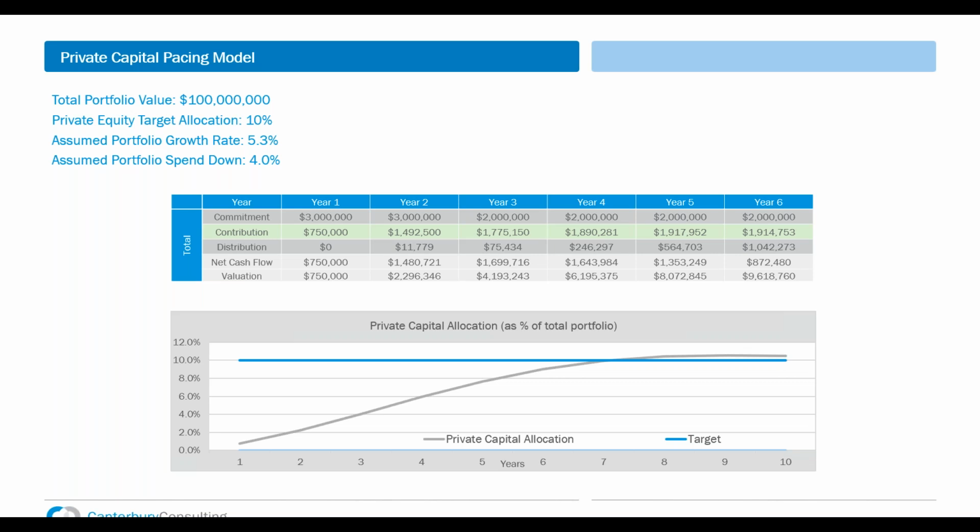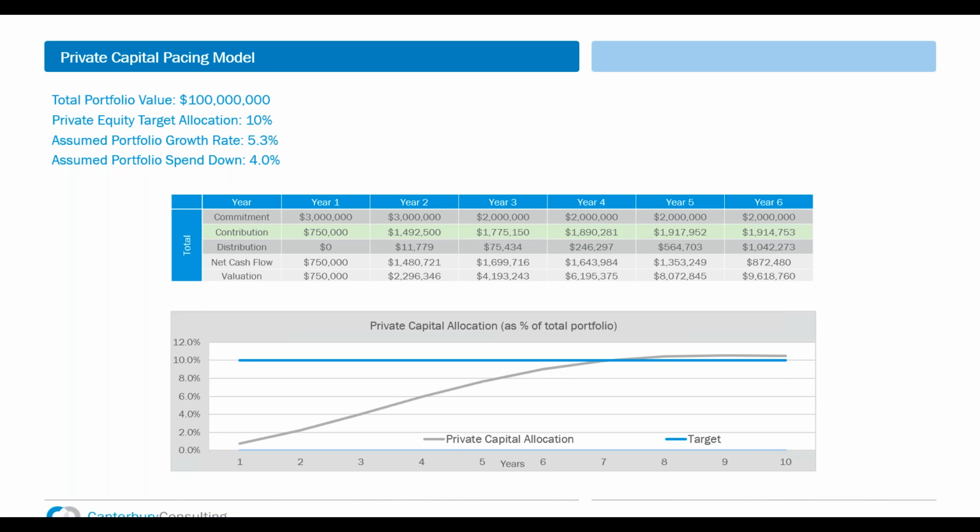And the risk of just going all in 1 year is that you might be picking a time that is a very hot portion of the private capital market and sort of the top of the market, versus if you were to leg in over many different years, you wouldn't just be picking a point in time where you're hoping it's the best year for private capital and rolling the dice.